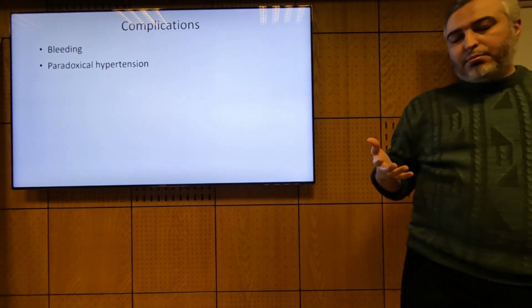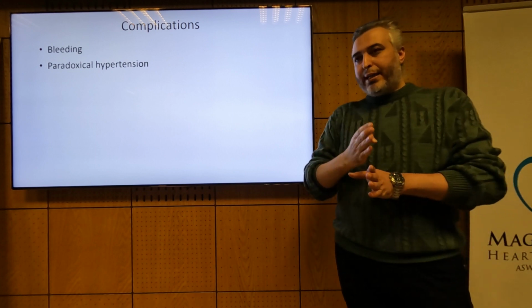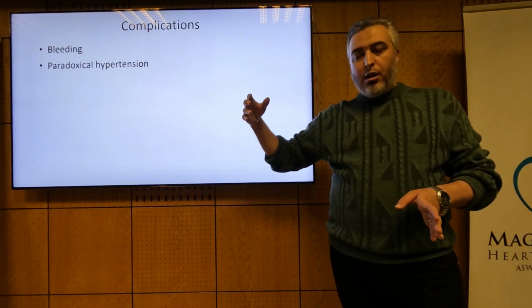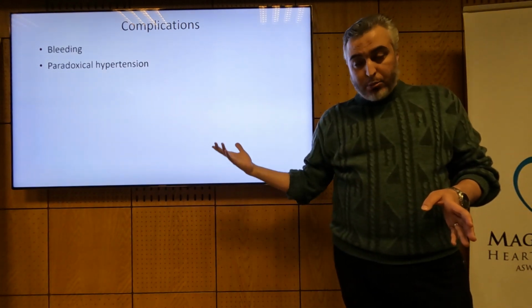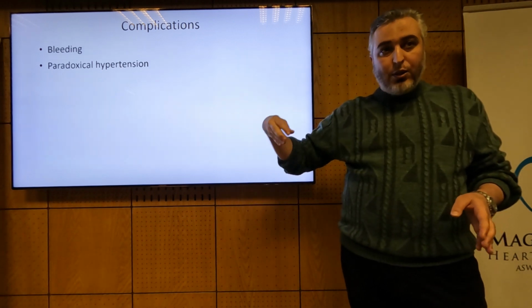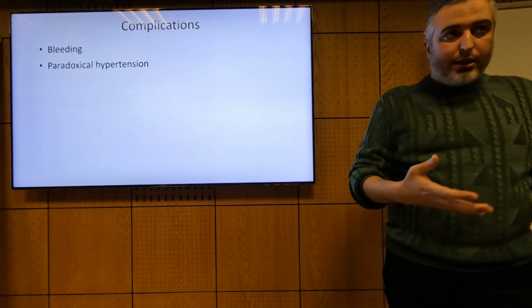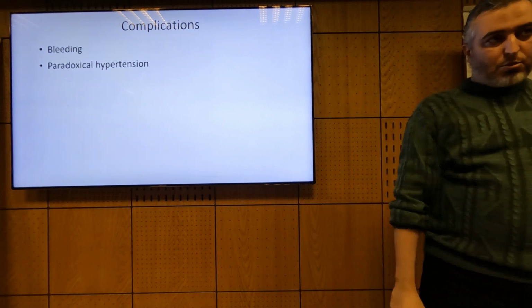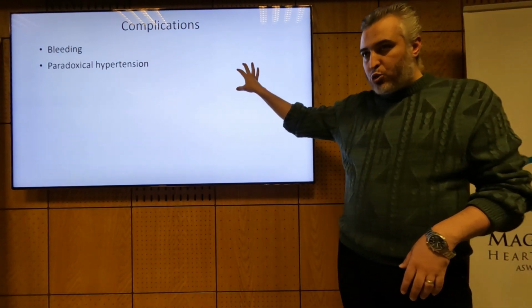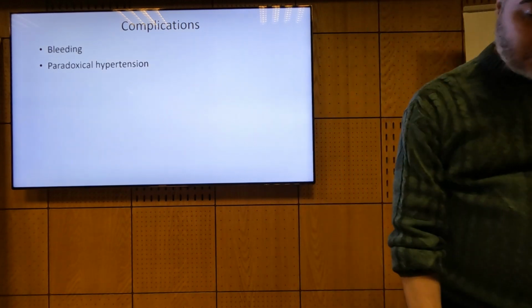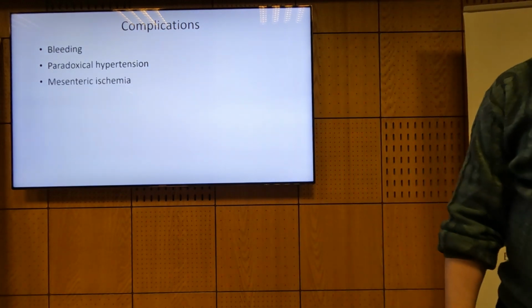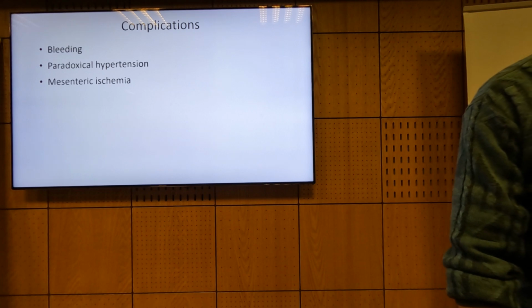Patients who get the repair quite late might not get blood pressure to normal, so many of these patients will continue to have antihypertensive drugs. But if this is done in small babies, this usually resolves within a few days. So paradoxical hypertension, mesenteric ischemia, again related to the paradoxical hypertension.